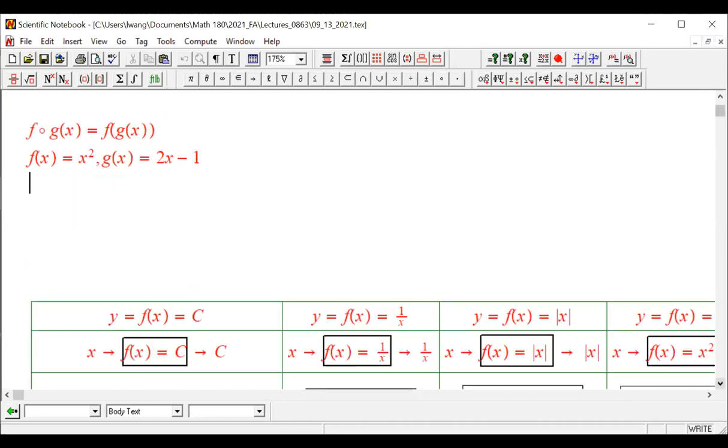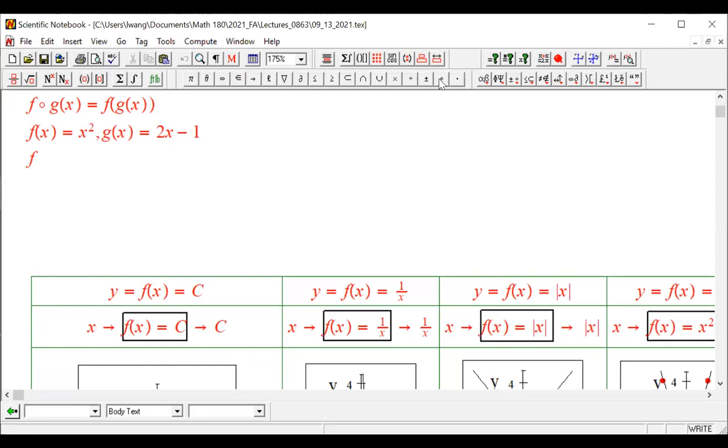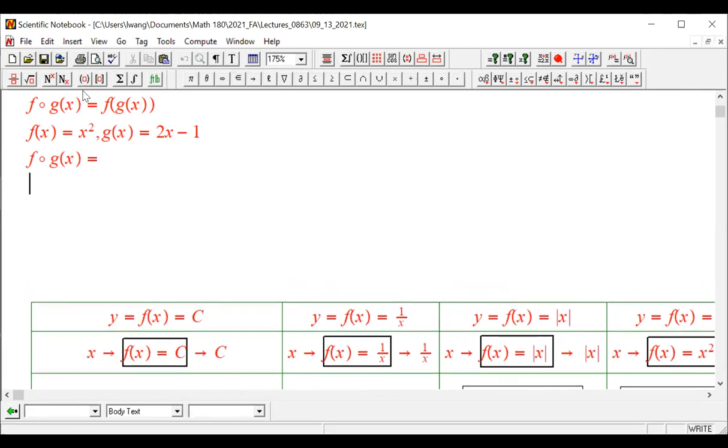So what I'm going to do is f composite g of x. What would that do? It's f of g of x. You always do from the inside first, right? From the inside first.